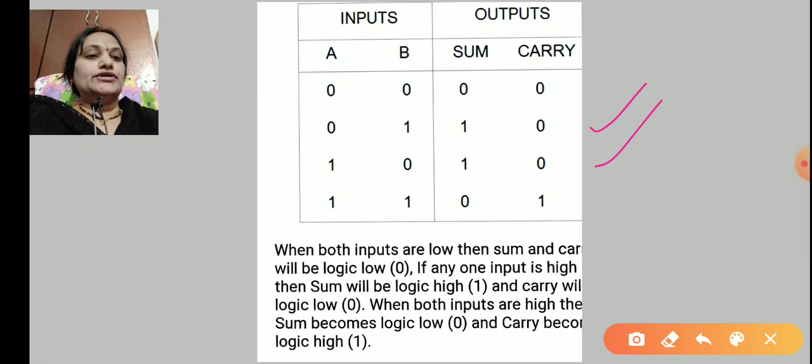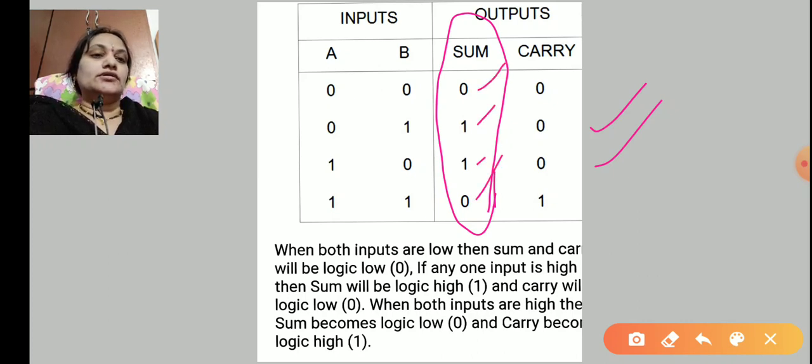Now observe this sum portion. What we can observe here is 0, 1, 1, 0 coming. So you may recall all the basic gates. While observing all the basic gates, the output of the XOR gate is 0 1 1 0.